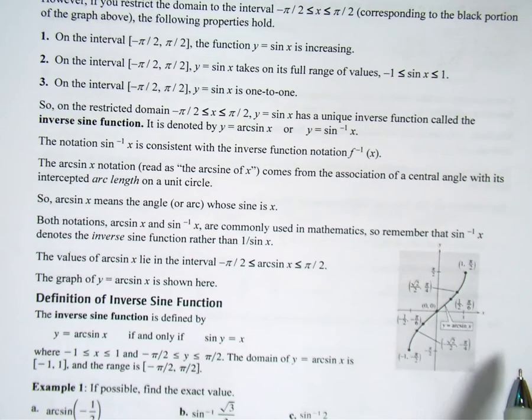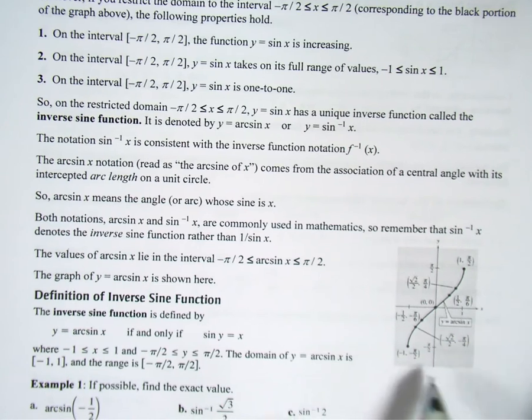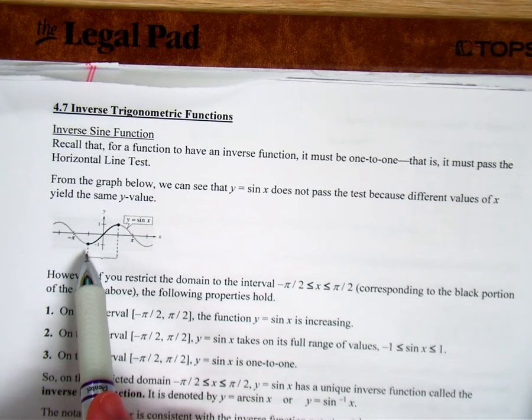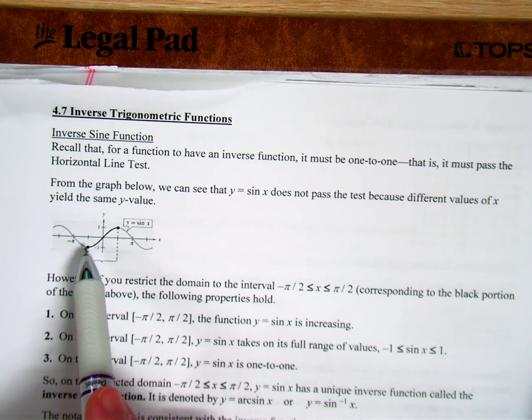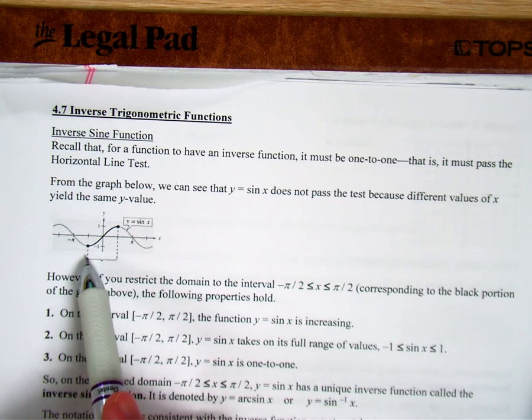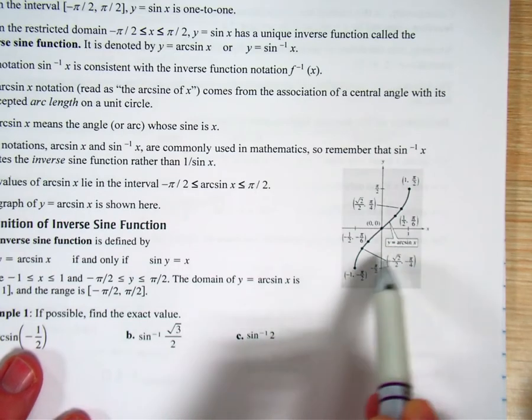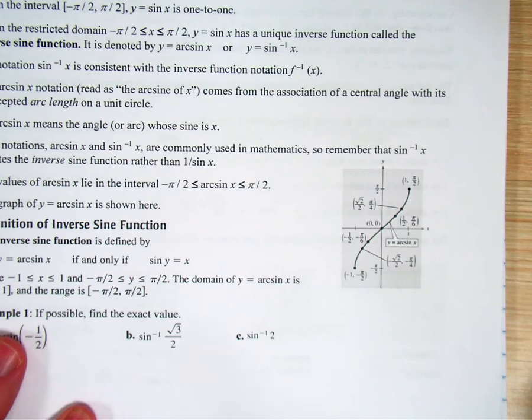So here we have the inverse sine. If we look at it from here, it's going from negative pi over 2, comma, negative 1. To do your inverse, you flip x and y. So this is going to be negative 1, comma, negative pi over 2. You're just going to make this little squiggly that way.